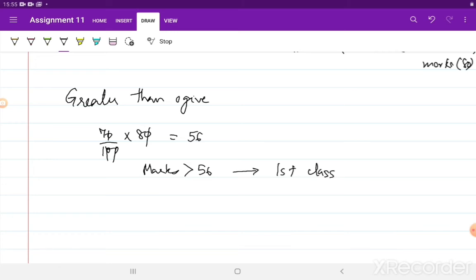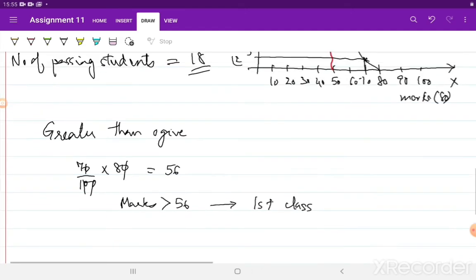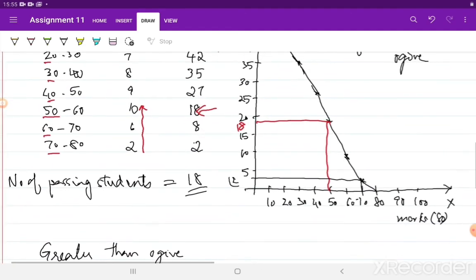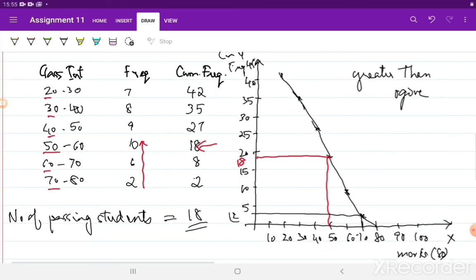Now all you need to do is check the greater than curve and see how many people got more than 56. So greater than 56 would fall somewhere over here.